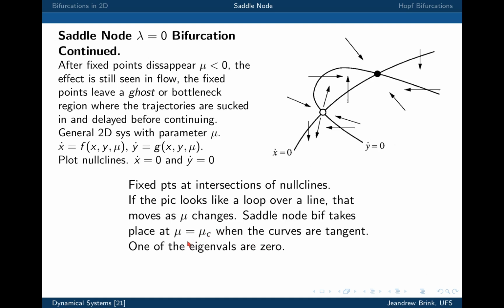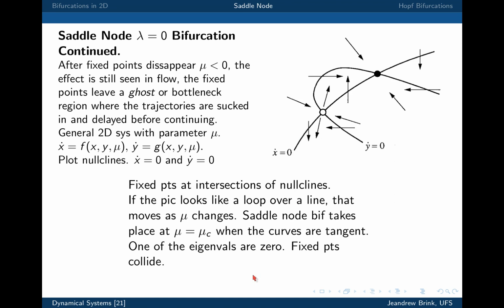The first thing I would do is calculate the eigenvalues of the fixed points, and I'd start getting suspicious when the eigenvalues go to 0, because that's most likely where the bifurcation occurs and your fixed point changes its nature. And then you can check also that at that point where the eigenvalue goes to 0, you're going to find the parameter, and you're going to find that the two lines are tangent to each other.